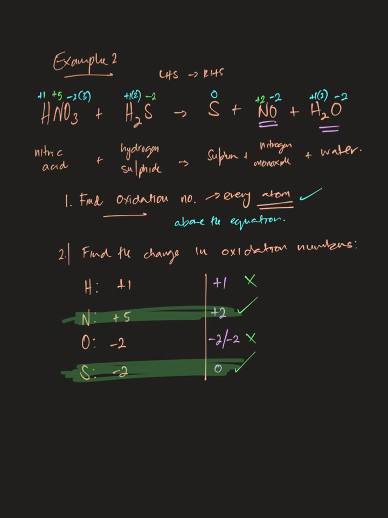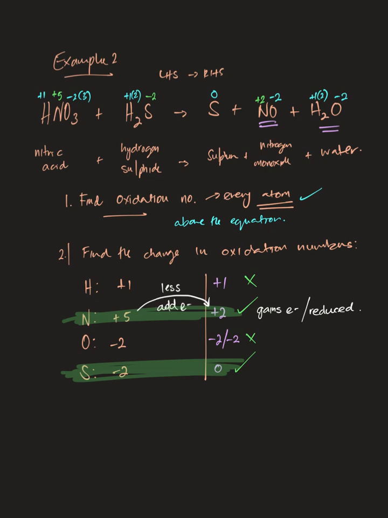The nitrogen went from +5 to +2, which means we added electrons. So I know that they gained electrons, and if something gains electrons, it means it was reduced, became less. I can see +5 to +2, I'm getting less, which means the only thing that can happen is we added electrons.